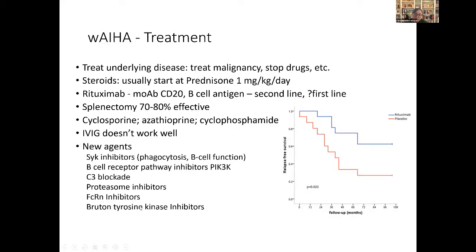A very interesting pathophysiology is utilized by the FcRn inhibitors, and this is actually fairly interesting. I'm not sure how useful it's going to be in the future, because most of these drugs are intravenous.